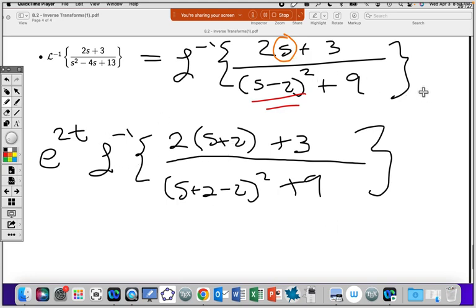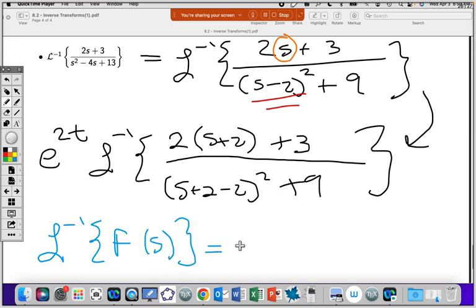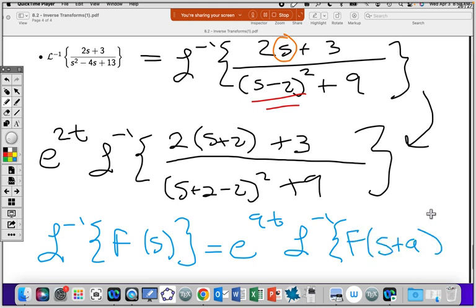Any questions on how we're using that shift? So we're taking out that e to the 2t and replacing s with s plus 2.